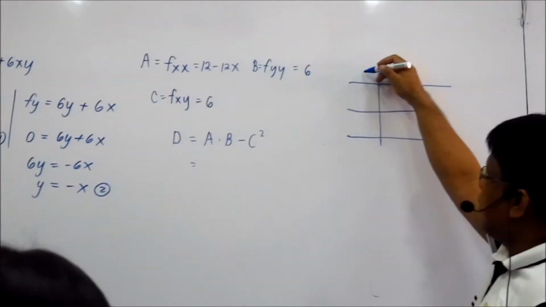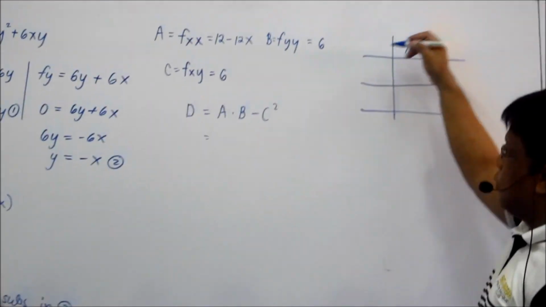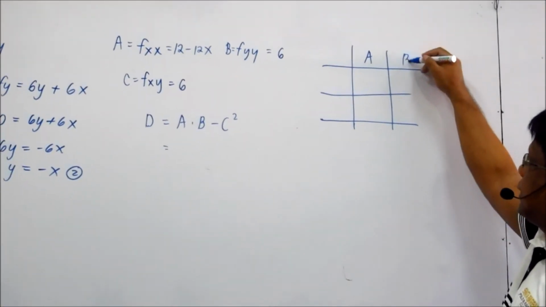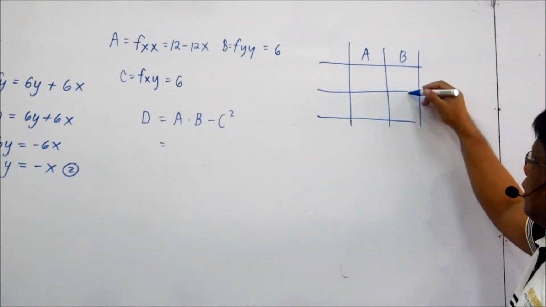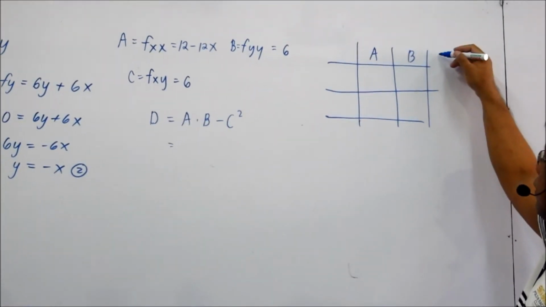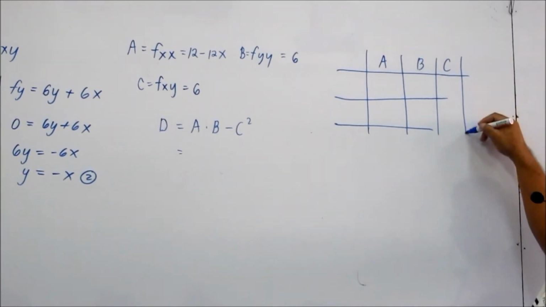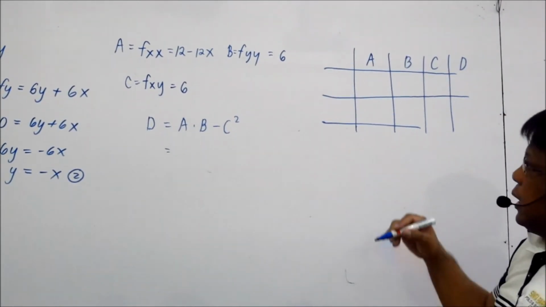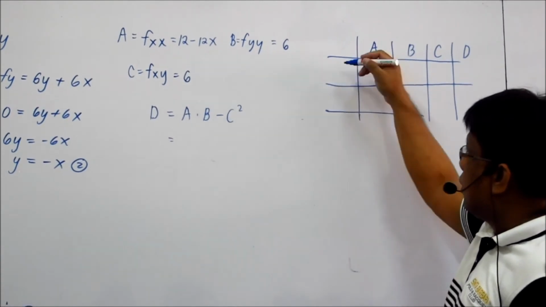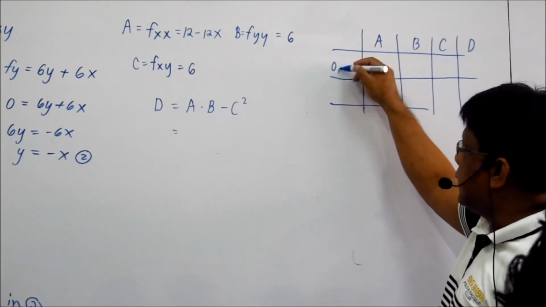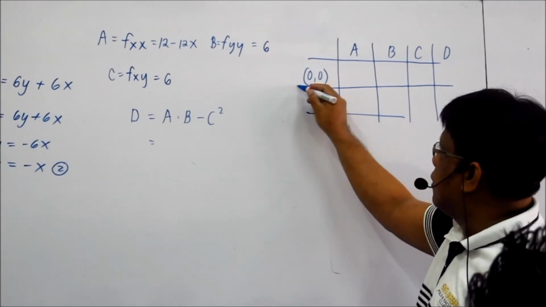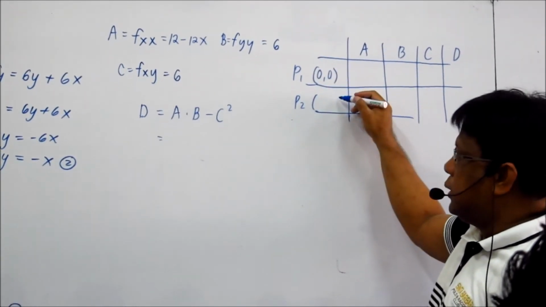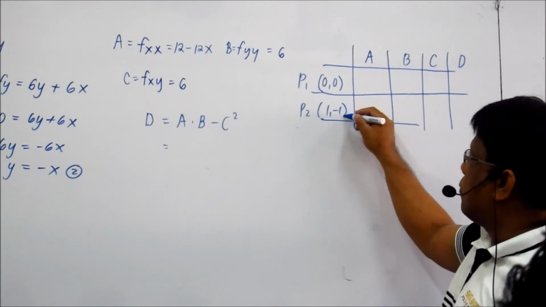Let us have this as A, which is fxx. Then your B is fyy, and then your C is fxy. And the last column is D. Then let us have the given points: this is 0, 0, and then we have this as the point 1, negative 1.